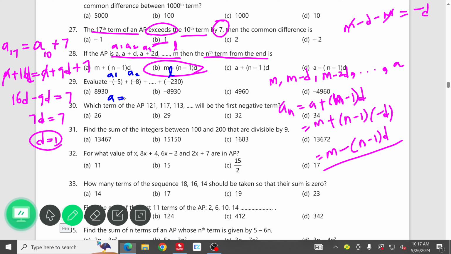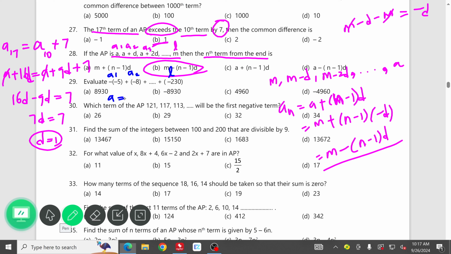First you find evaluate. The N value we must find, then only we can go to the Sn value. Okay, N value first. So minus 230 equals A value 5 plus N minus 1 into D value minus 13.